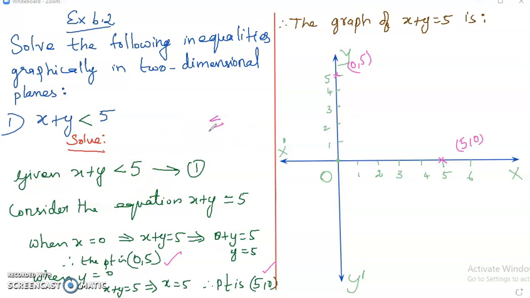Here you have to use dotted lines because it is not less than or equal to. Equal to is not there, so the line is not included. If equal to is there, the line also you should include. So you have to make dotted lines here. How can you make a dotted line?